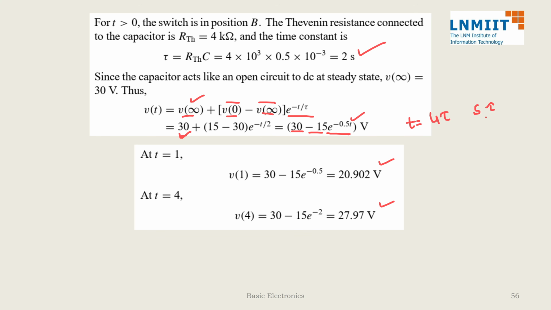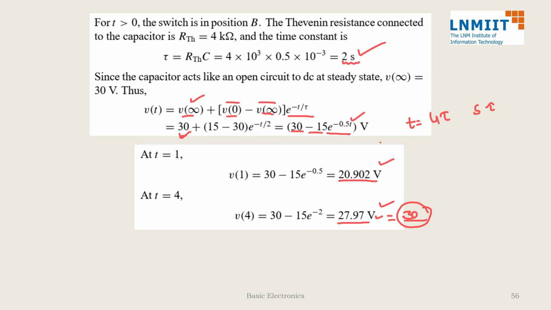That means it will reach the steady state. What is the value of our tau? 2 seconds. So when I am giving a value which is less than tau or which is 2 times tau, you can see my final value has to be 30. So we are still far behind.